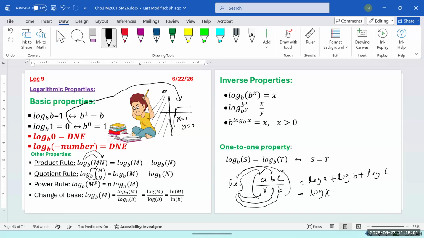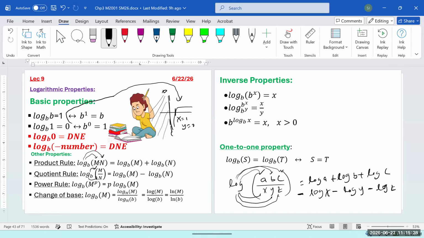So negative log X, negative log Y, negative log Z. Everything on the numerator as a multiplication becomes a separate log with addition, and everything on the denominator as a multiplication, the log gets separated with the minus sign.